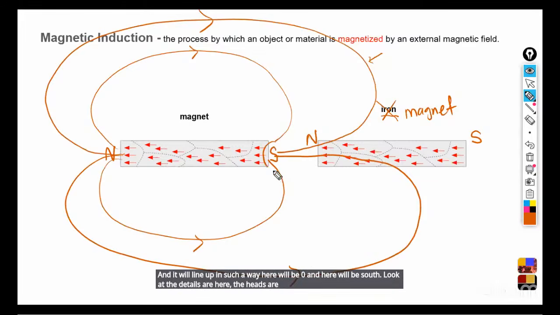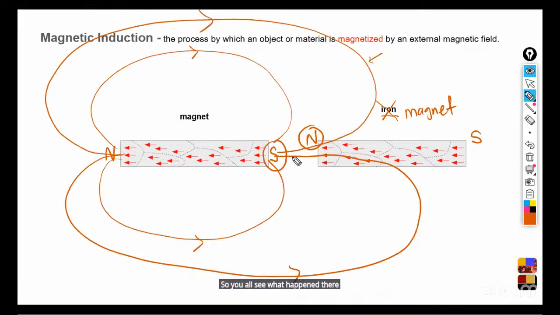And because you have a south pole here and a north pole here, the two magnets now will attract. So you all see what happened there? The magnet peer pressured the iron into becoming a magnet. The magnet says, hey, get your dipoles in line and become a magnet, so we are attracted.